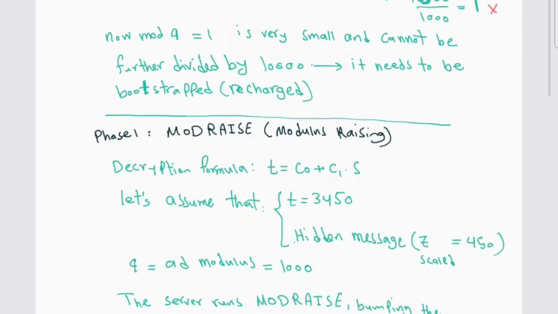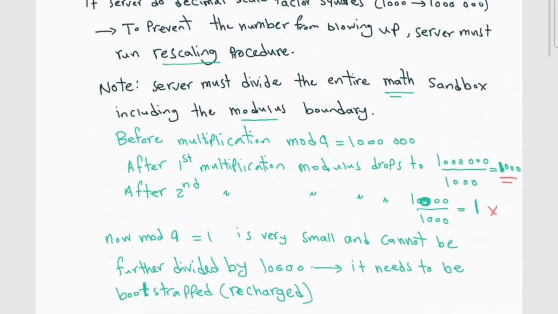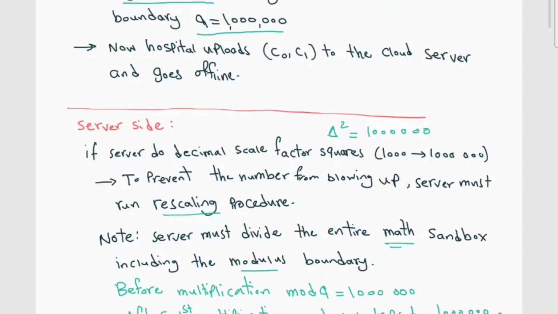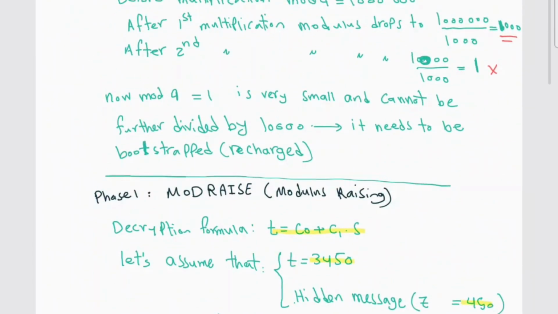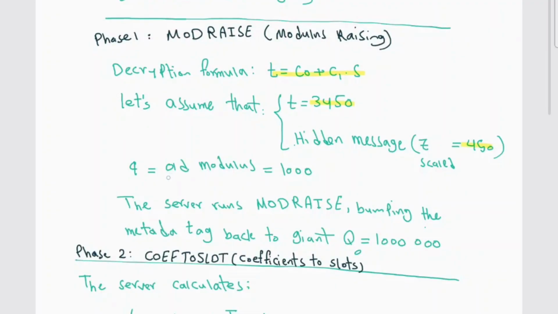What to do? The first phase of this paper is called mod raise, or modulus raising. It's very simple. This is the decryption formula that we discussed in the previous session. Let's say that after the first multiplication, t equals 3450, and the hidden message I mentioned at the top is 450. Q, the modulus, is 1000.